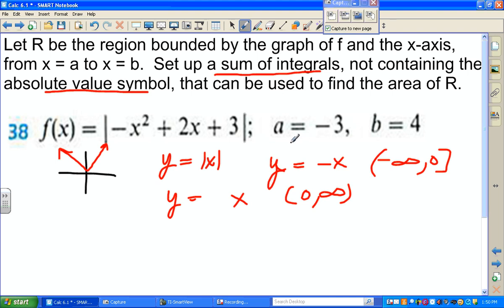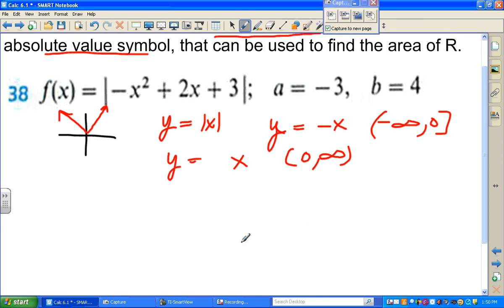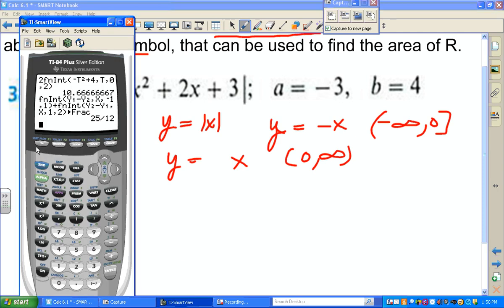Shouldn't be too difficult, because to undo an absolute value, you either keep it positive or it becomes the negative, the opposite. I picked the absolute values because we had a little bit of problem on the test. I don't want it to show up again on the final. So, if you don't know what to do, what should you do? Graph it out. And then once you have a picture, you'll be in good shape.